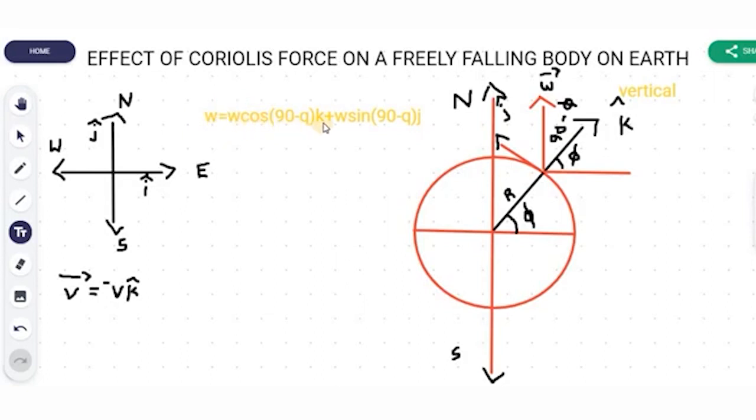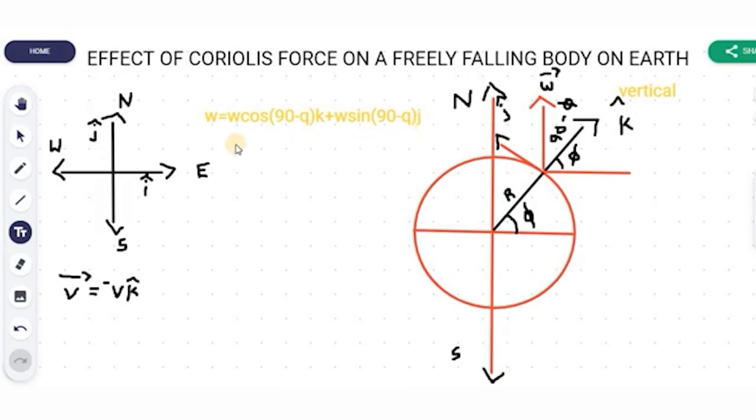Omega cos 90 minus phi k cap plus omega sin 90 minus phi j cap, and k and j are the unit vectors. So what is cos 90 minus phi? Cos 90 minus phi is sin phi, and sin 90 minus phi is cos phi, they just get reversed, right?